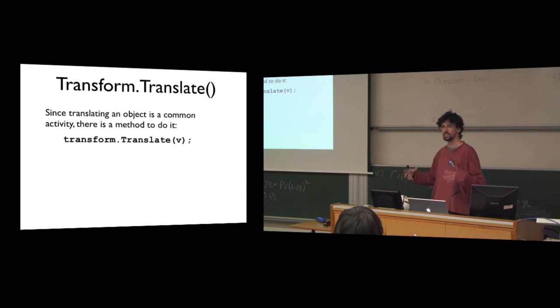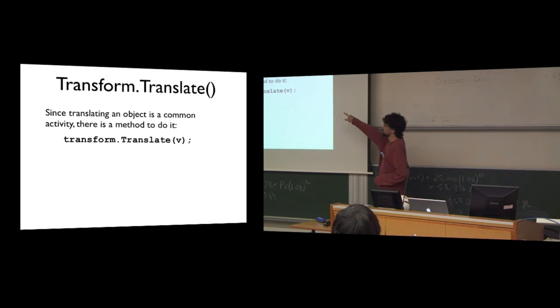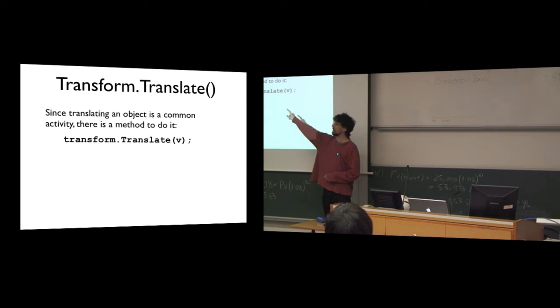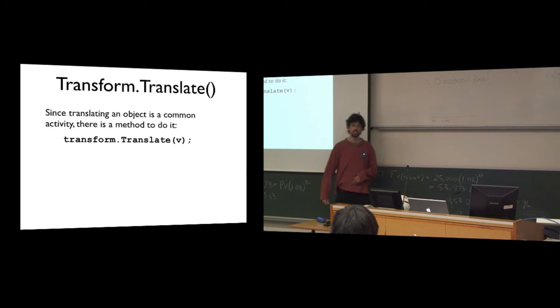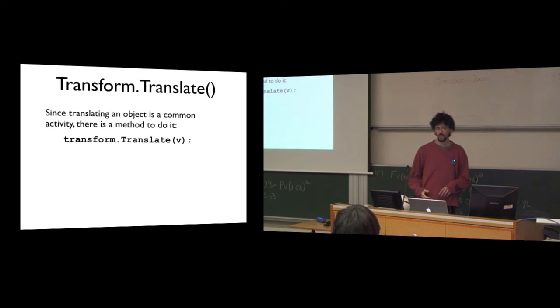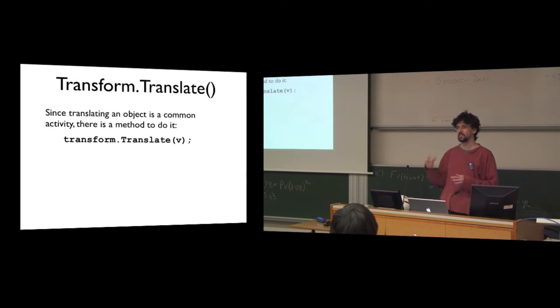This is probably the best way of writing it because it makes it clear what you're doing. It's translating, taking an object and translating it by a certain distance. So you don't need to even worry. We've abstracted away all the vector math in that instance and just said translate by this vector.